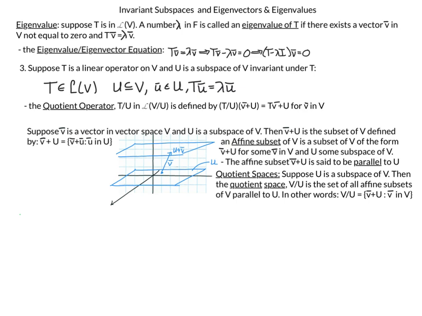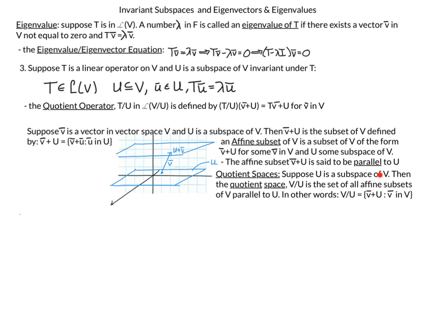We then define an affine subset of V as a subset of V of the form v plus U for some v in the vector space V and U some subspace of V. The affine subset is parallel to U because U is basically offset everywhere by the same vector v. And then we define the quotient space, V over U.